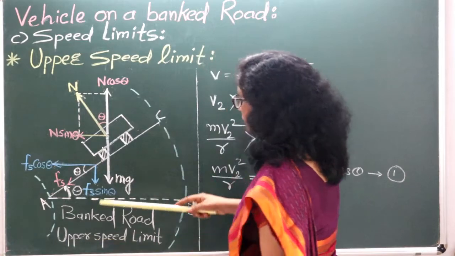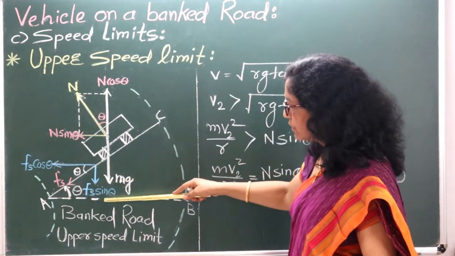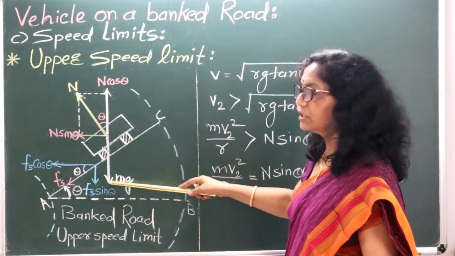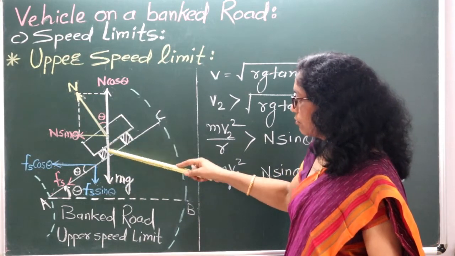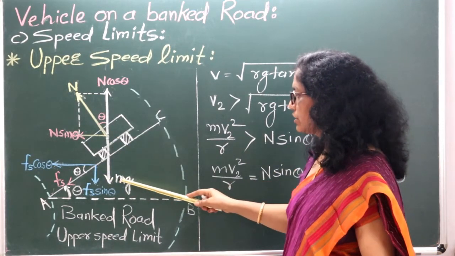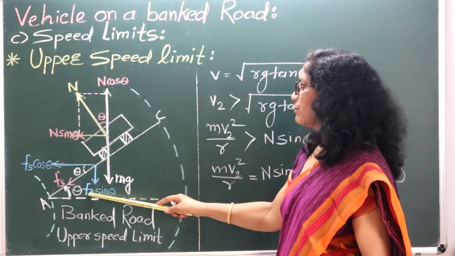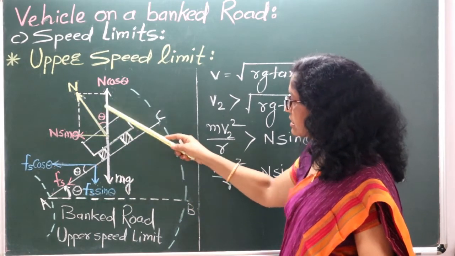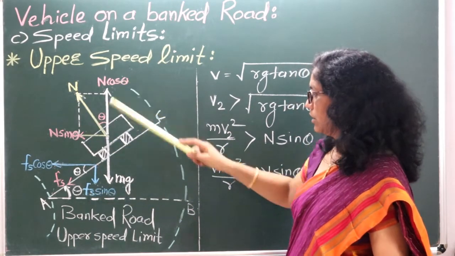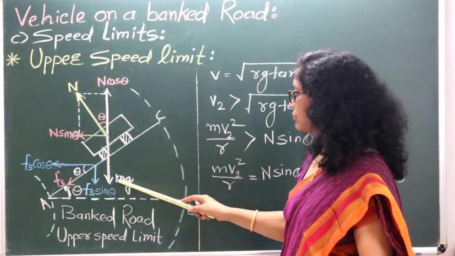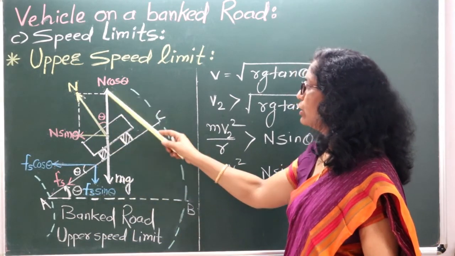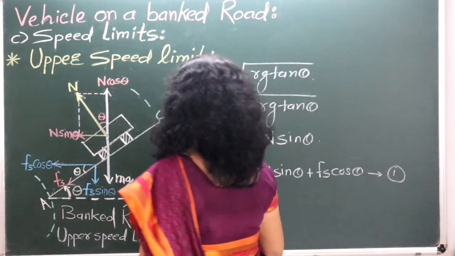And now this component Fs sin theta and this mg both are parallel to each other, add each other, that is mg plus Fs sin theta balances this N cos theta, and therefore we can write mg plus Fs sin theta equal to N cos theta.